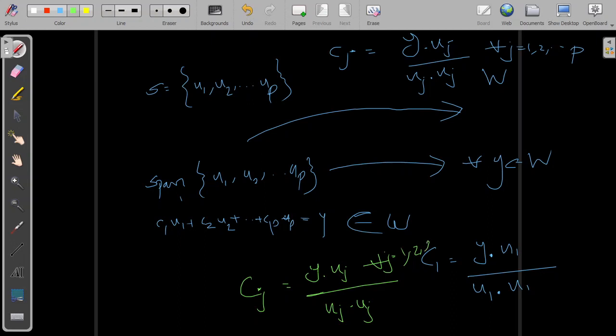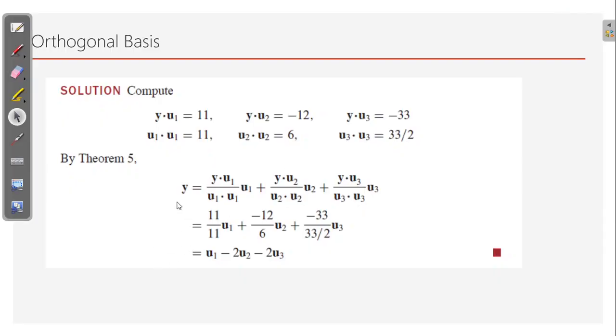Then you find y dot u1, y dot u2, y dot u3, and also u1 dot u1, u2 dot u2, u3 dot u3.